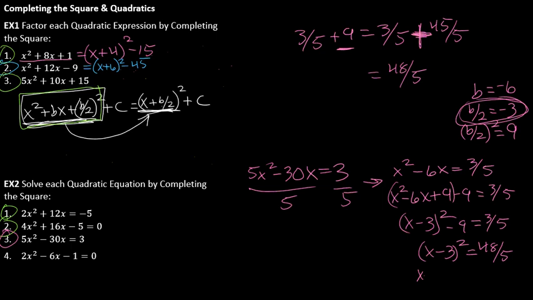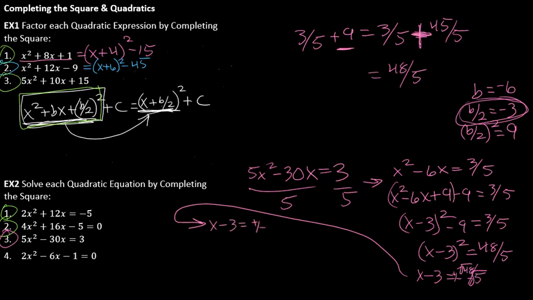We're going to get x minus 3 is equal to plus or minus the square root of 48 over the square root of 5. Add 3 to both sides.